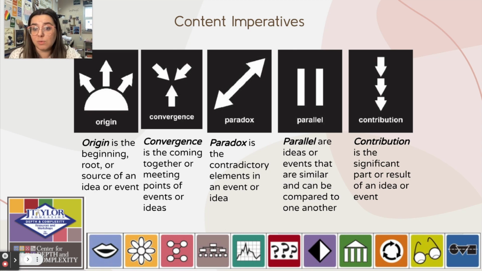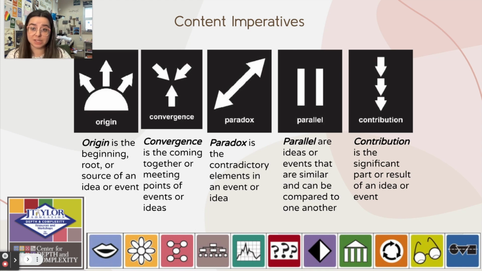But here's the overview. We have origin, kind of think of like a sun rising, thinking about it as the beginning. Convergence is the coming together. So there's arrows about how events or moments in time, ideas, converge together. Paradox is contradictory elements in an event or idea.